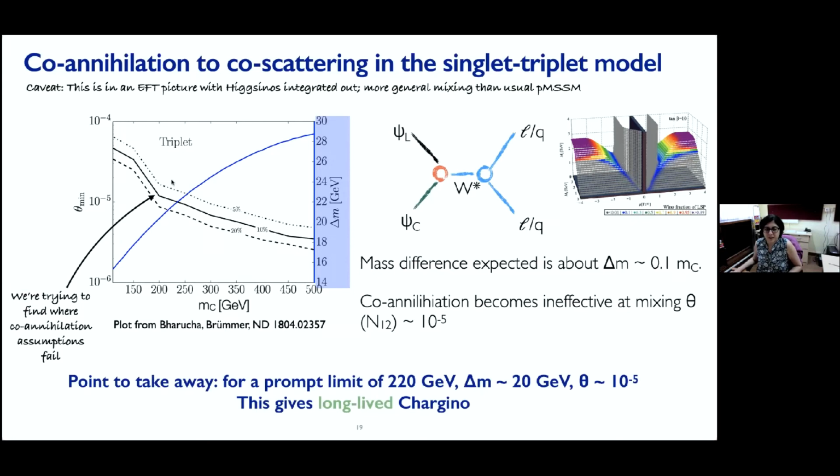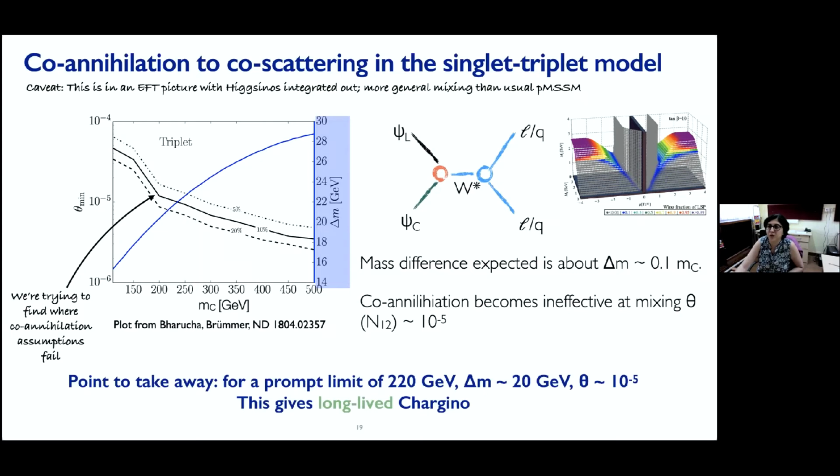And we found that when this happens, essentially, you can think of it as when the mixing, or the Wino component, of the lightest of the LSP is about 10^-5. And when that happens, if you calculate the lifetime of your charged partner, the Chargino, then the lifetime is quite long. So it gives you a long-lived Chargino.